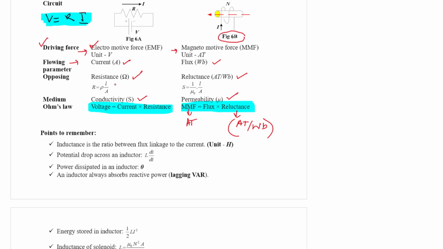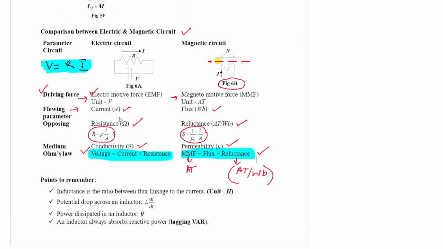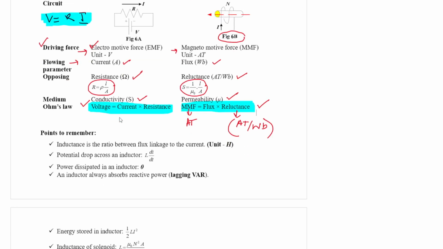Now the resistance is given by the formula R is equal to rho L by A, and reluctance is given by S is equal to 1 by mu naught L by A. And we have Ohm's law, voltage is equal to current into resistance, and MMF is equal to flux into reluctance in case of a magnetic circuit. So this is a brief comparison between electric and magnetic circuit.